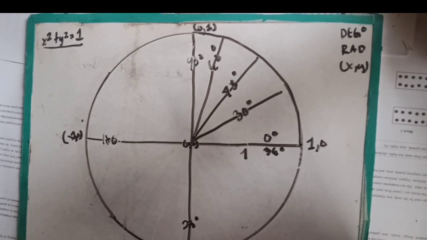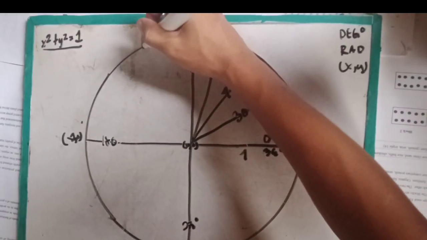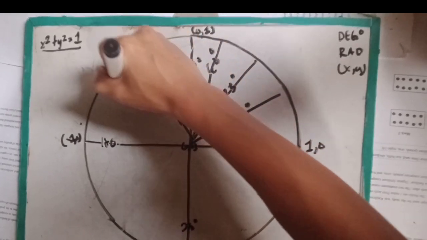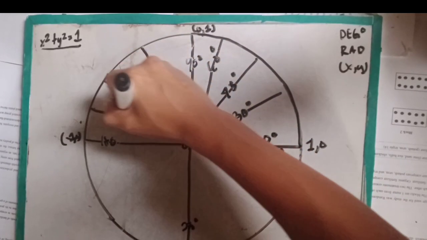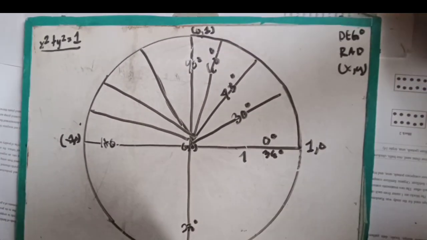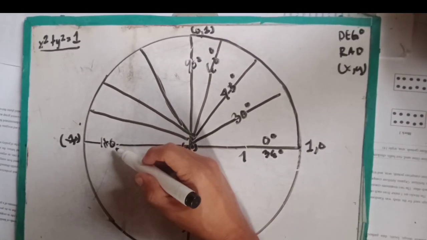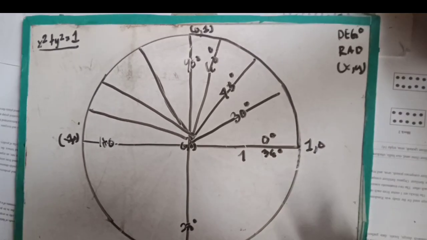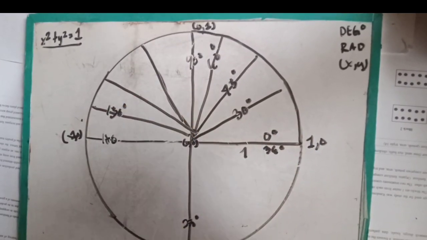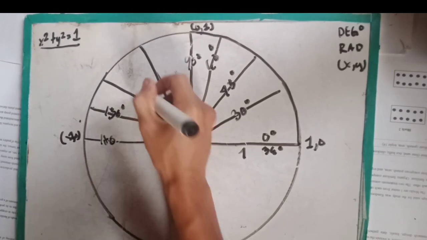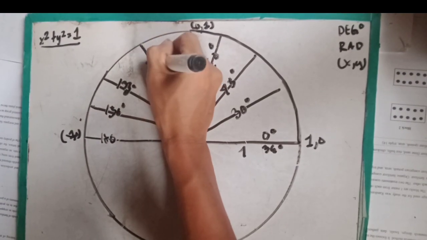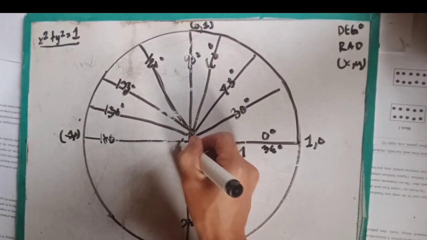To get the values of quadrant 2, we just need to subtract the corresponding value in quadrant 1 from 180. So 180 minus 30 is equal to 150. So it's 150 degrees, then 135 degrees, and 120 degrees.